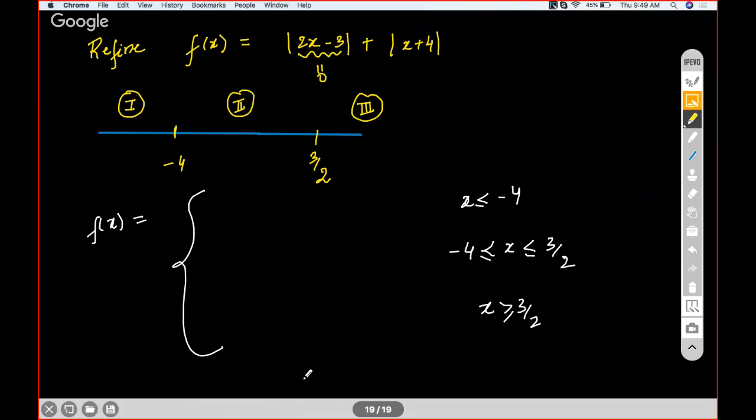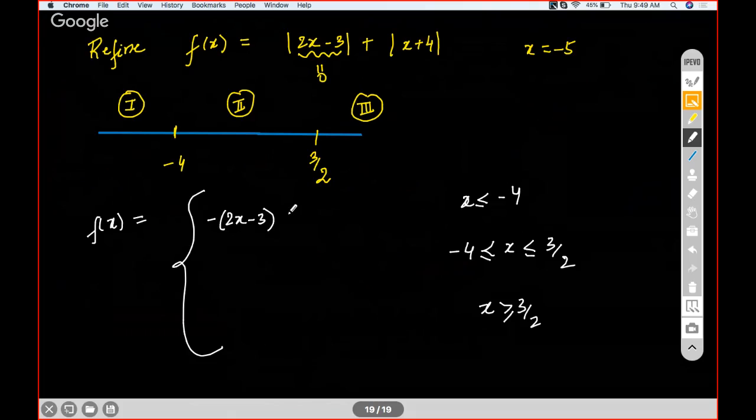So when x is less than minus 4, I have to put that inside the function. Take minus 5. When you put minus 5 in just the inside part of 2x - 3, what do you get? Minus 13. That's a negative quantity, so it'll be 3 minus 2x, or minus of (2x - 3).